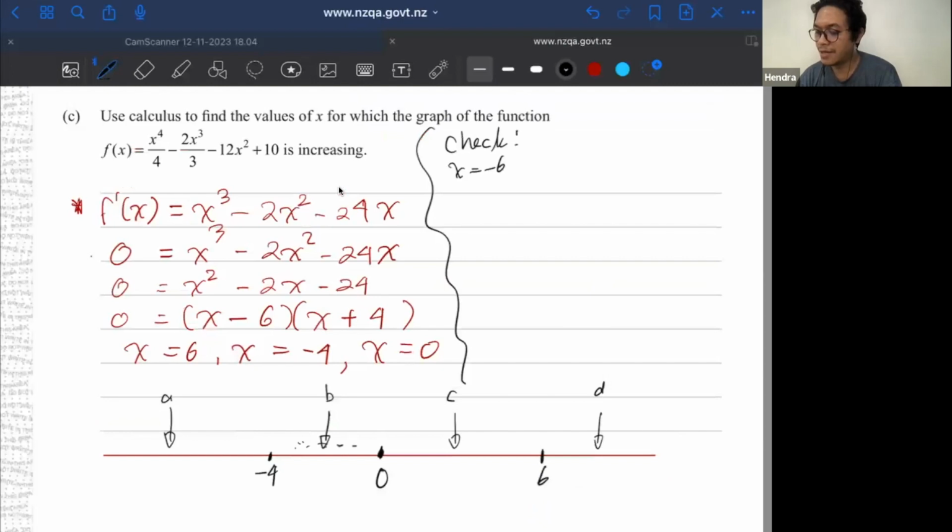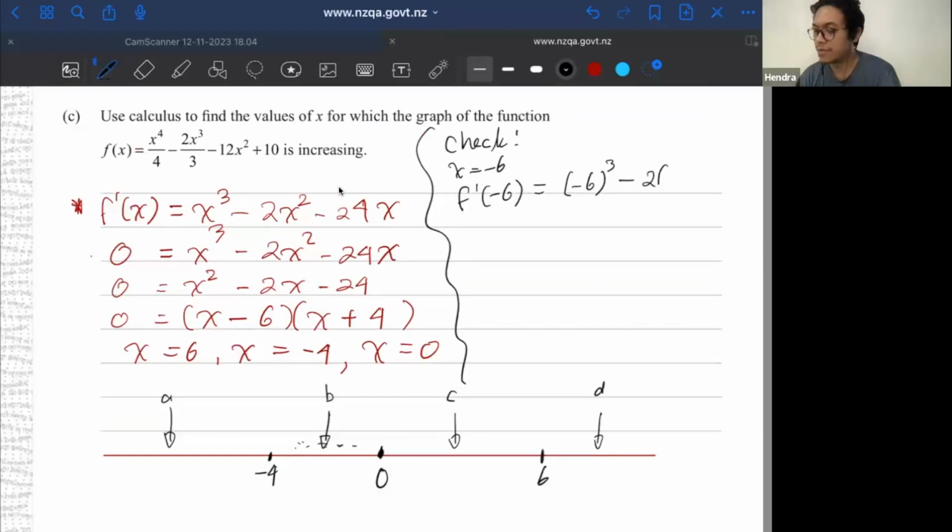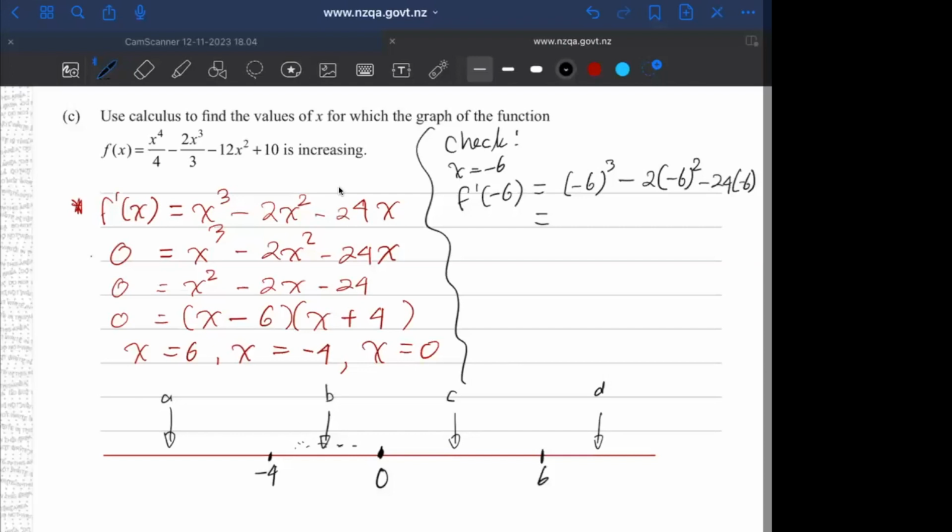Then f prime of -6 is -6 cubed minus -6 squared minus 24 times -6. Do you think it's bigger or less than 0?